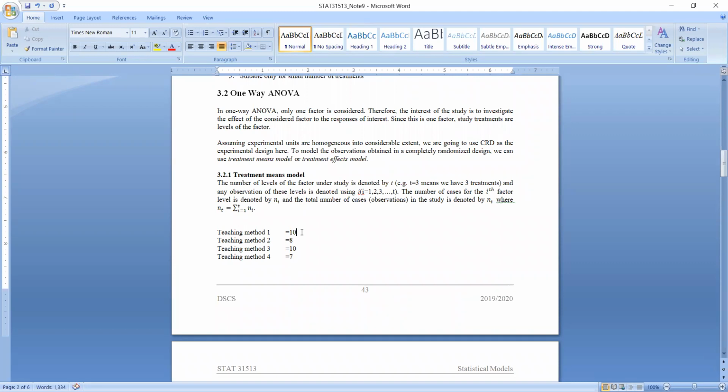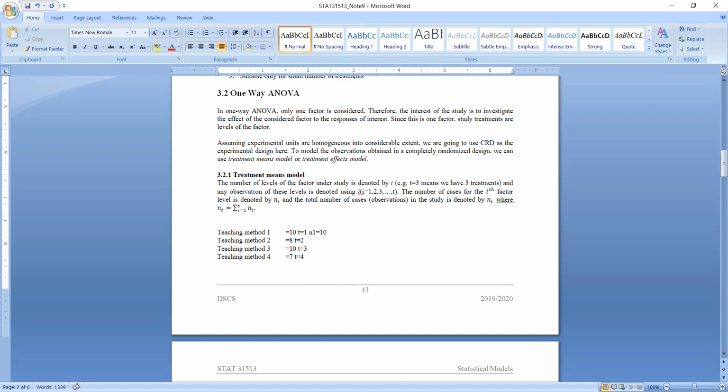So now in this case, you have 4 treatments. This is treatment 1, so t is equal to 1. This is t is equal to 2. Likewise, t goes from 1 to 4. This is t is equal to 3, and this is the last treatment, t is equal to 4. When you take the first treatment, you have 10 observations, denoted by n1, which is equal to 10.